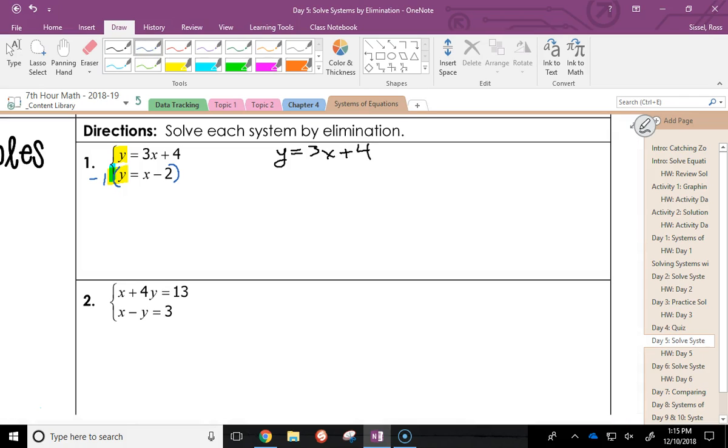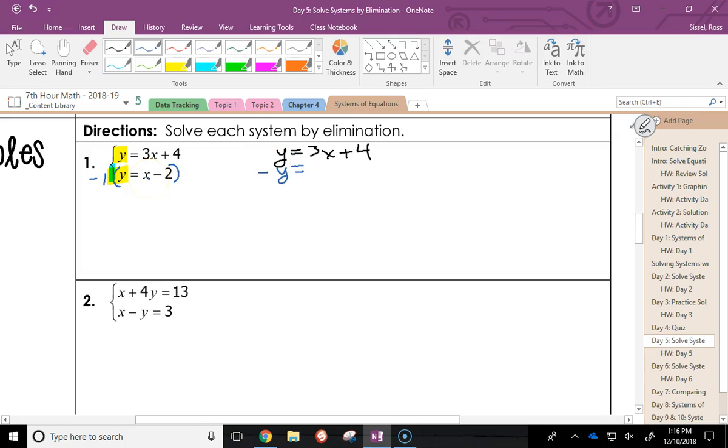On my second equation, because my y on both equations was positive, I multiply the second equation by a -1. So, y times -1 is -y.